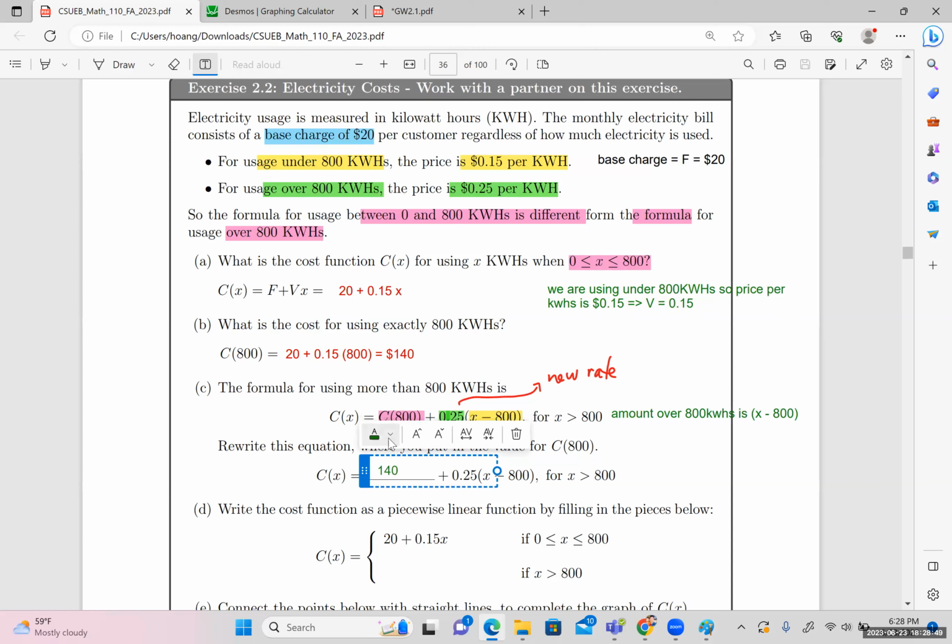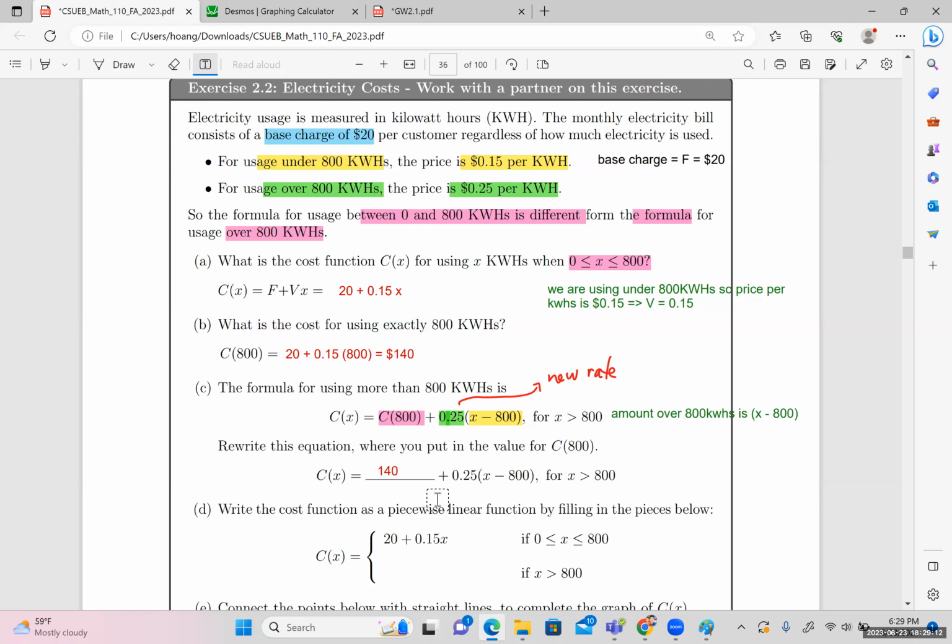Now here, I change that, and I still have 0.25 multiplied by x minus Anders. And keep in mind that this matches the requirements for x greater than that.